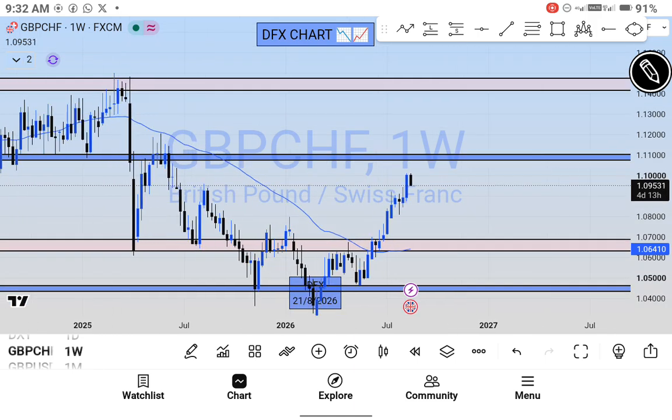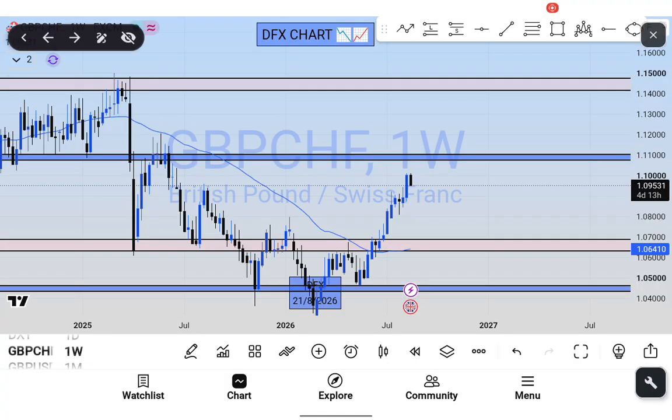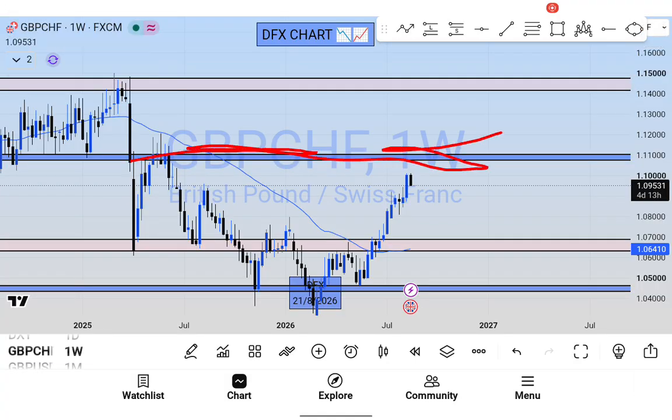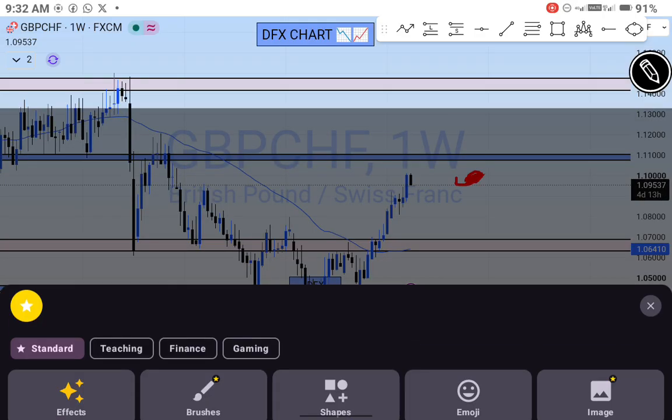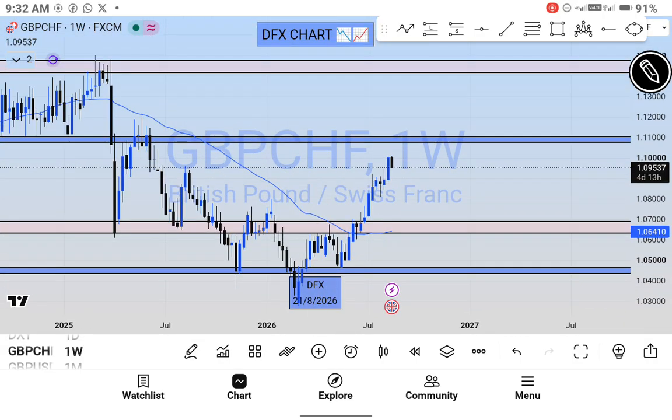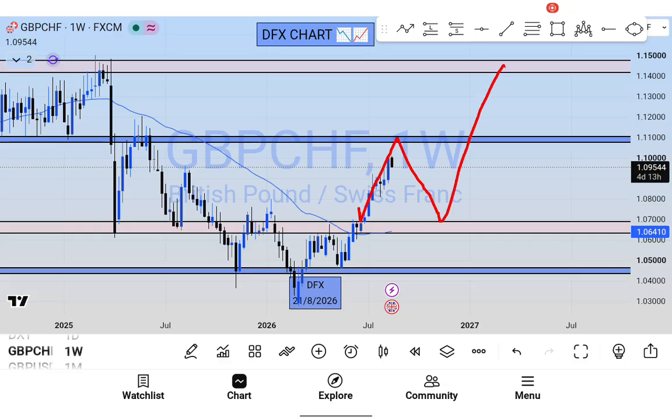Now on the weekly time frame, we have our weekly resistance here, and this is our monthly support, right? So before the market proceeds to this monthly resistance, we should have a push, correction and move before we head to that side.